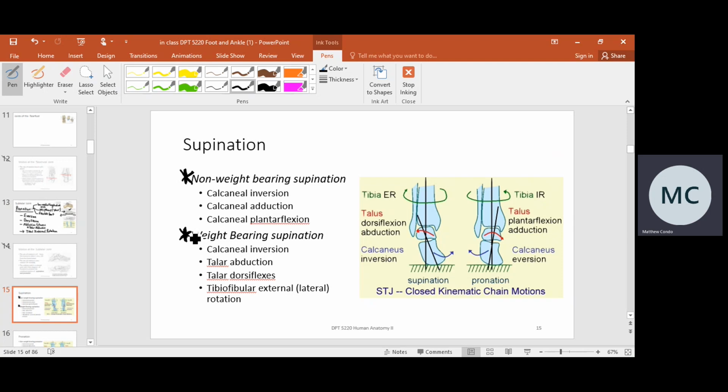So what I want you to consider is that when we are weight-bearing, we have a couple of different forces happening. I have the force of gravity coming down, and then I have, in physics terms, the normal force, F of n, or as we like to call it in the therapy world, GRF, ground reaction force.